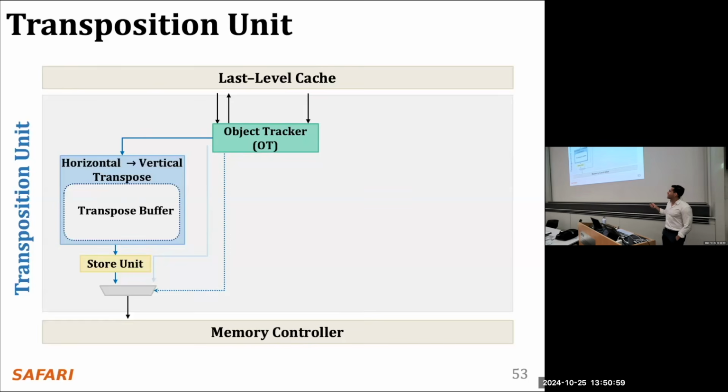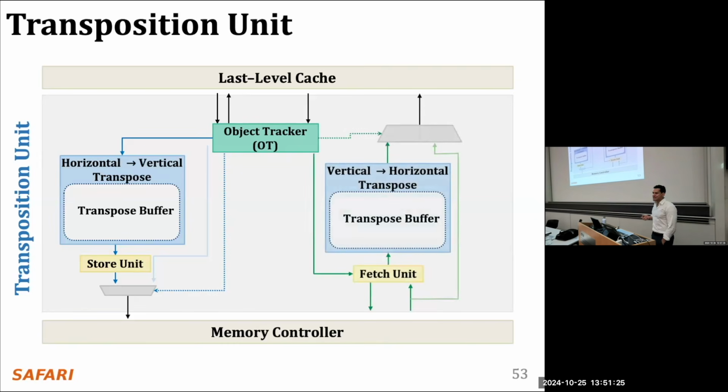So if I have an address A here that later on is going to be used for processing using DRAM operations, I register the address here, and every cache line of this address that is evicted to DRAM because your application is running, I intercept that cache line, I transpose it, and then I write that data in a vertical data layout instead of a horizontal data layout. And then later on, if you need to read that same cache line from DRAM, I read the data, and then I transpose it back to the horizontal data layout and move it to the cache already in the correct format.